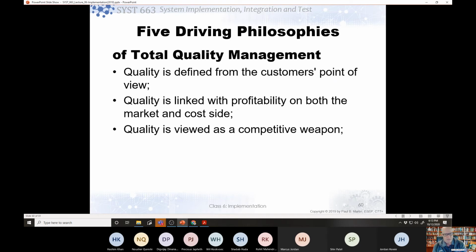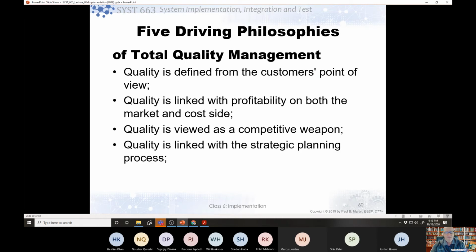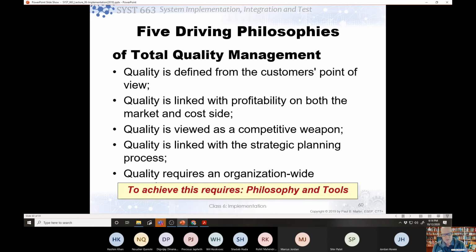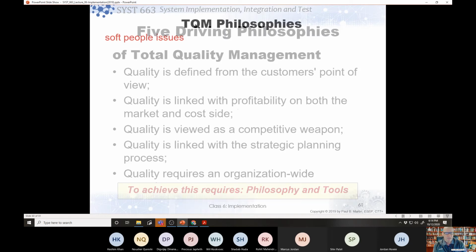So looking at quality as a competitive weapon and actually linking it to your planning process and making sure you have your entire organization committed to the quality proposition that you're trying to do. So you need both that philosophy and the various tools.